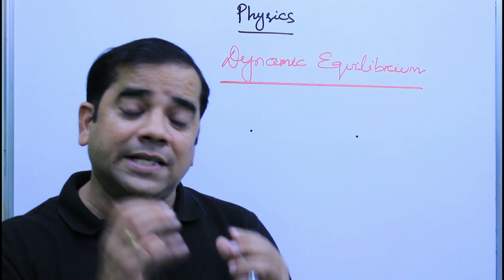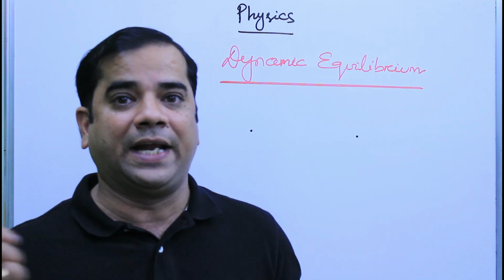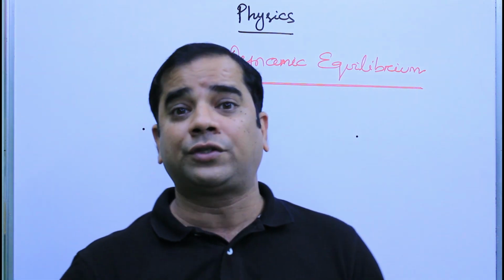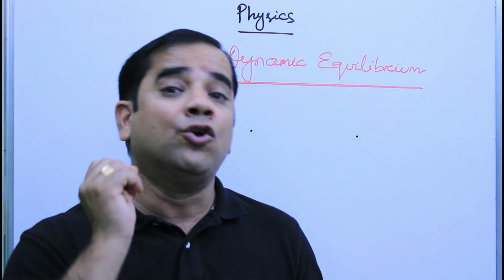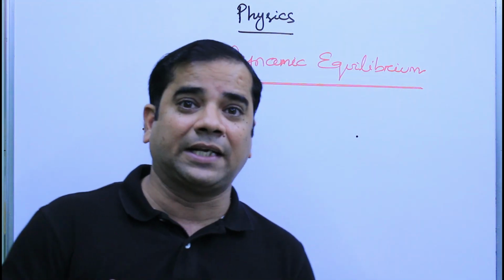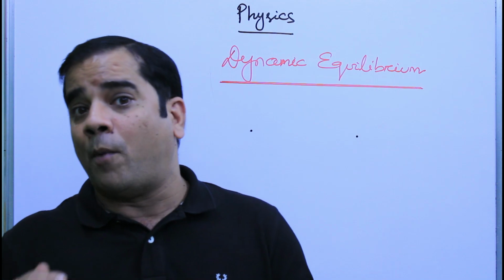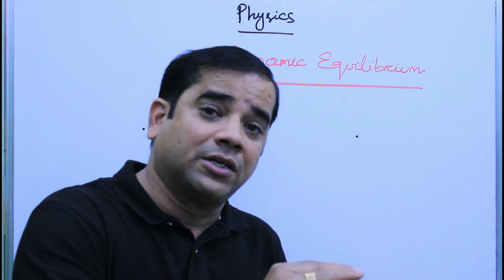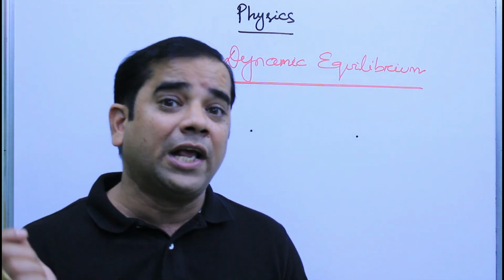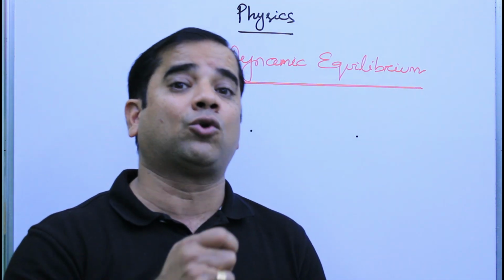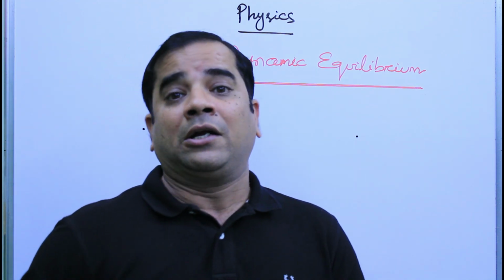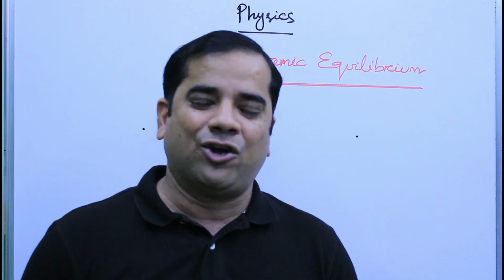Because the tension in the string applies a centripetal force, and because of the centripetal force, it can maintain a uniform speed. We can have many examples like that. In such cases, as we have already discussed, a body in translation motion remains in translation motion, or a body following a rotational motion continues the rotational motion. That is why these bodies are said to be in dynamic equilibrium.